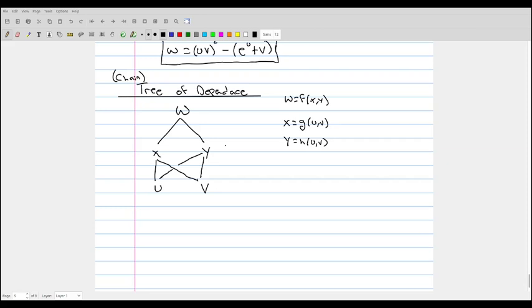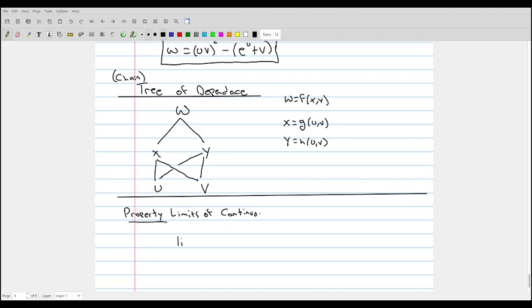So the main property here is that if we have a composition of continuous functions, so let's say f, g, and h are continuous, this is the final computational property that we have for limits of continuous functions.